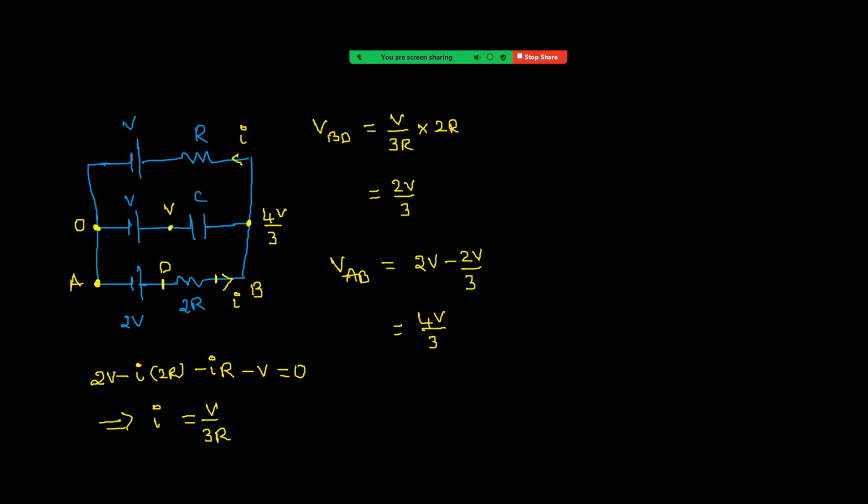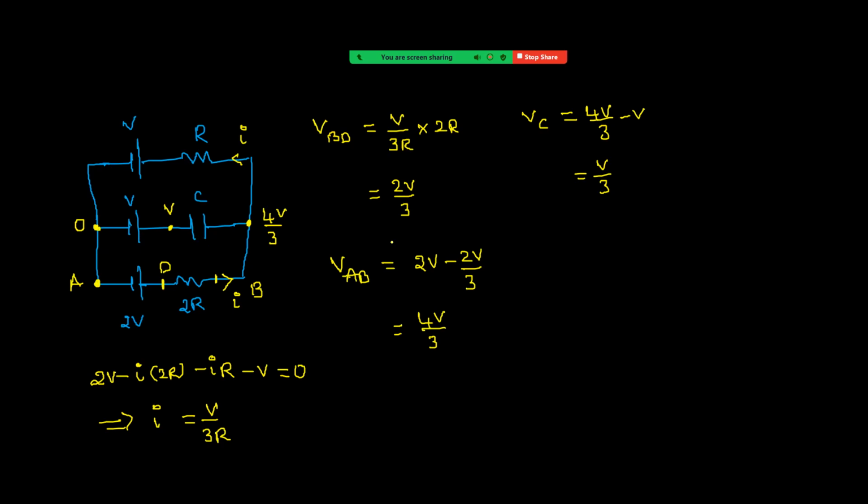This is 0, then this must be V. When this is V and this is 4V by 3, the potential difference across the capacitor is 4V by 3 minus V, that is equal to V by 3. That is the answer, right? So first we find the current, then find the potential difference across this combination. The rest is just a calculation part.